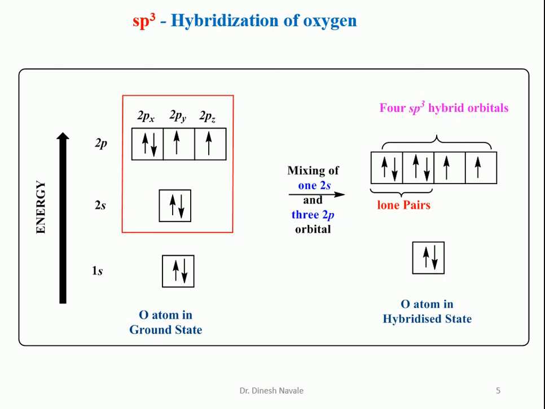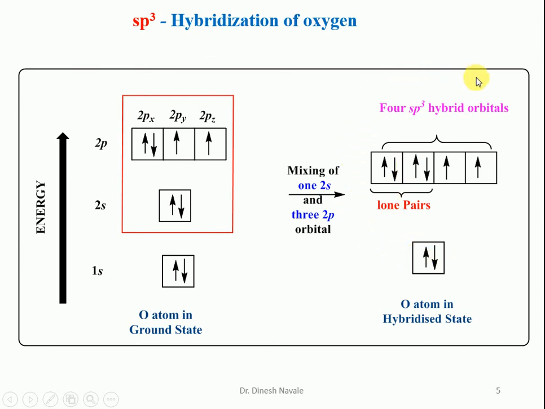So only the 2s and 2p orbitals are mixed during the hybridization: one 2s orbital and three 2p orbitals combine and give the formation of the four sp3 hybridized orbitals of the oxygen atom. The 1s orbital will remain as it is.